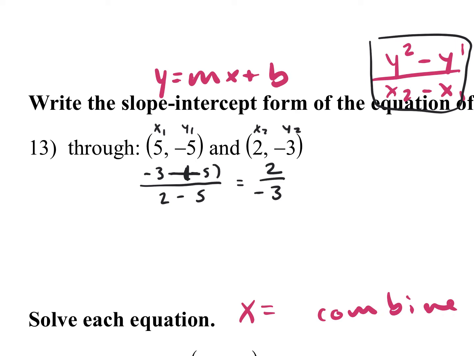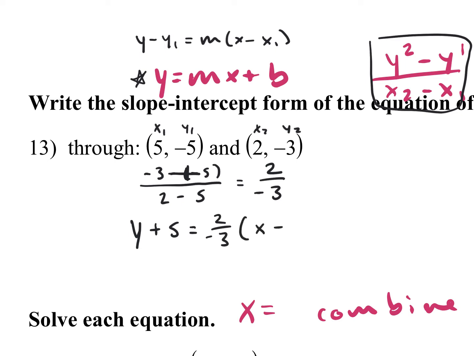So I can plug that into my point slope form because I have a point and I have the slope, and then I can just rearrange my equation to be slope intercept. So point slope form is y minus y1 is equal to m times x minus x1. So I have y minus, my y1 is negative 5, so it becomes a plus 5, is equal to 2 over negative 3 times x minus x1, which is 5.